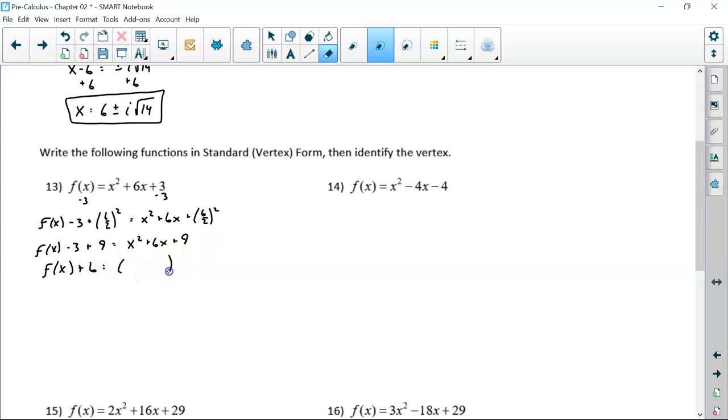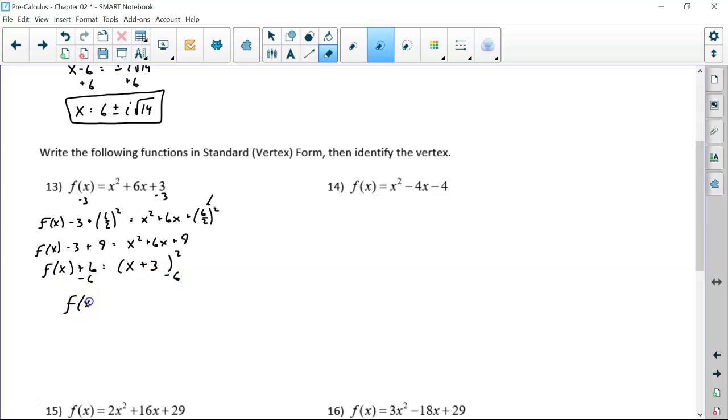Now, you might notice that I'm factoring these really quickly, and that's because I know it's going to be an x in the first spot, and the second number is always going to be what's inside the parentheses being squared, including the sign. And 6 divided by 2 is just a positive 3. That's how I know a plus 3 goes there. And you'll see for the previous examples, it's the same thing. And now I just have to isolate by subtracting 6 from both sides.